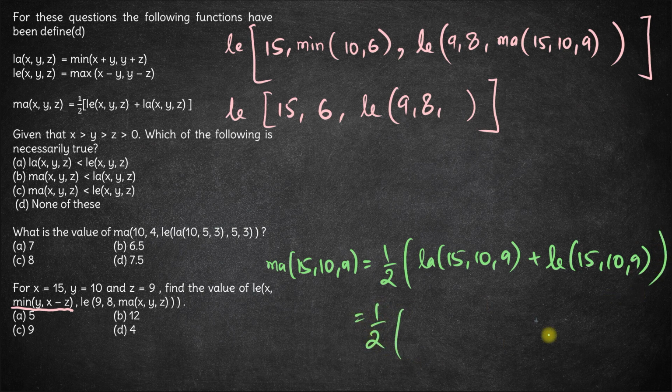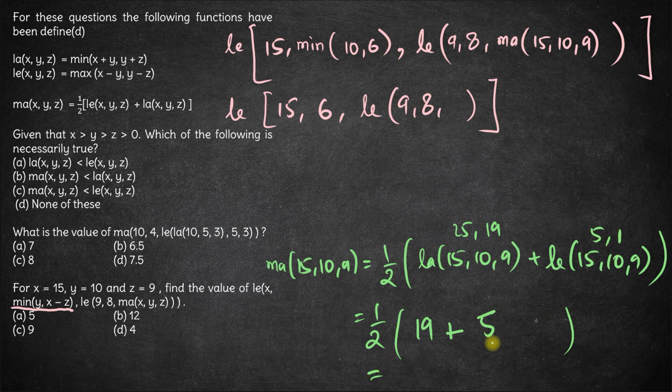So half of, now LA is the minimum of x plus y, 25, and y plus z, 19. So the minimum of 25 and 19 is 19, plus LE is the maximum of x minus y comma y minus z. The maximum of these two is 5.